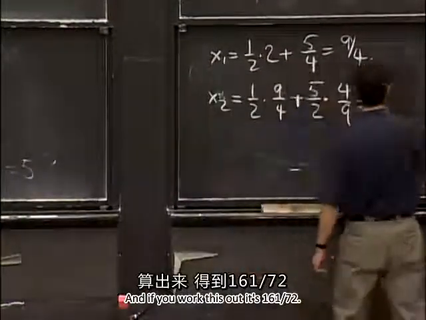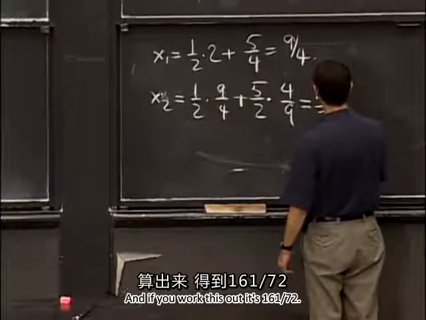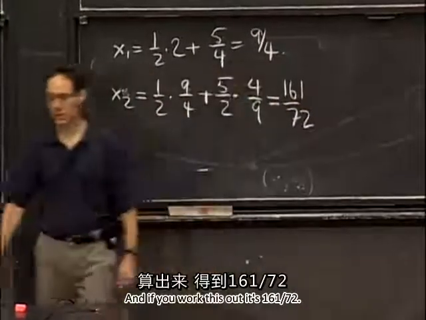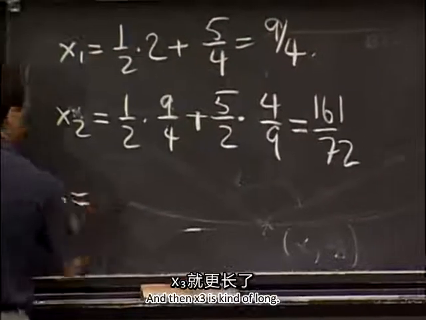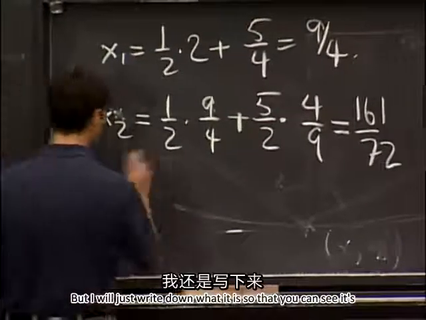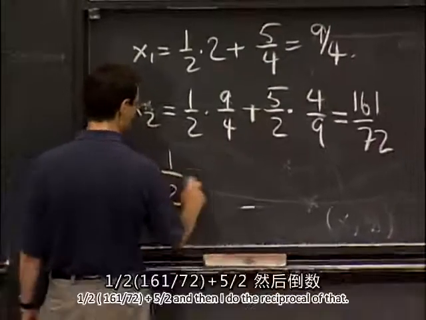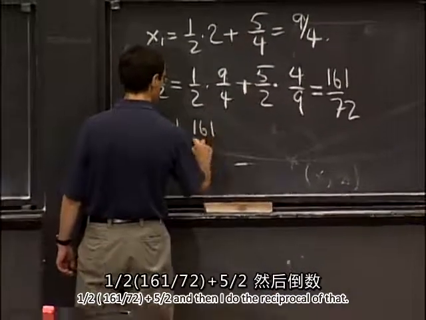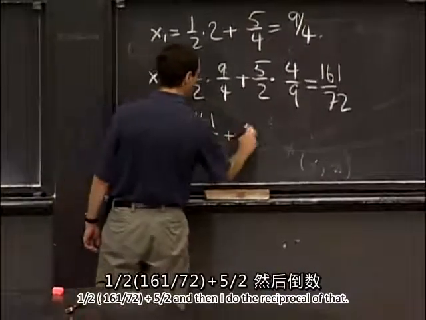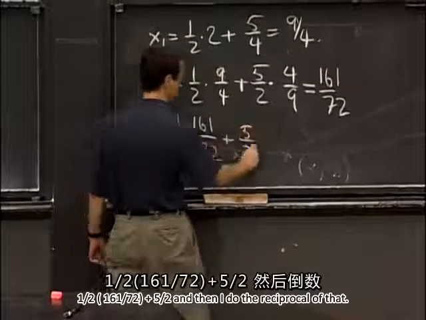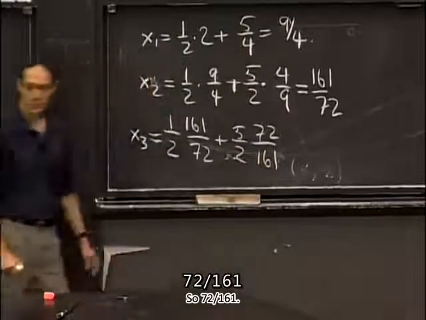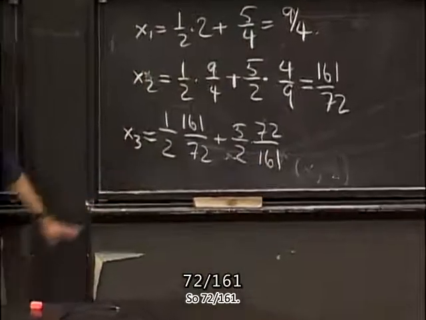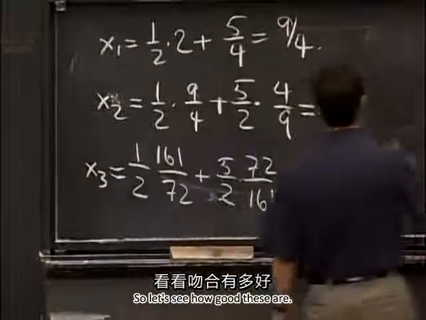And if you work this out, it's 161 over 72. All right? And then x3 is kind of long, but I will just write down what it is so that you can see it's a half of 161 over 72 plus 5 halves times the reciprocal of that, so 72 over 161. All right? So let's see how good these are.